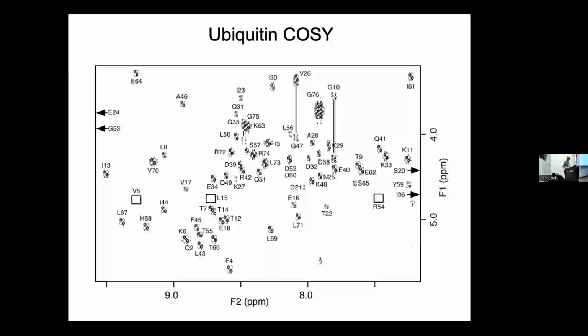When you have more than one coupling partner, like glycines, you start to get more complicated coupling patterns, because multiple couplings are evolving.